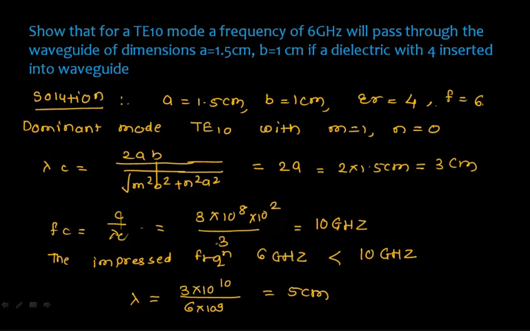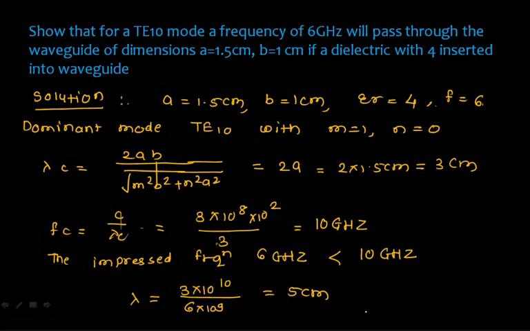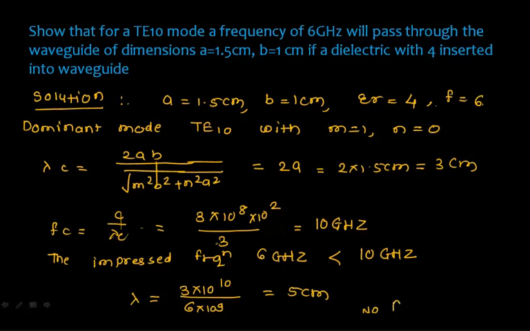So your impressed wavelength is 5 centimeter, and your cutoff wavelength is 3 centimeter. So you can say here that there will be no propagation. In other words, cutoff frequency is the frequency above which all the frequencies are passed, and your impressed frequency is only 6 gigahertz, so there will not be propagation.